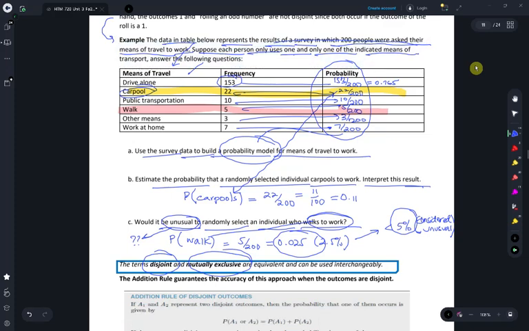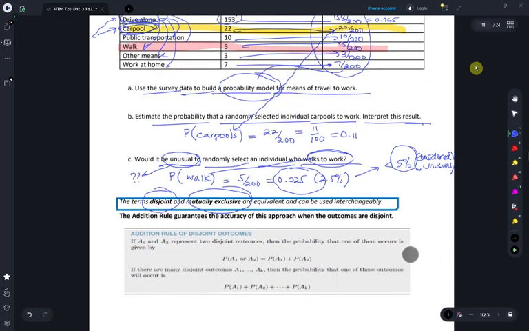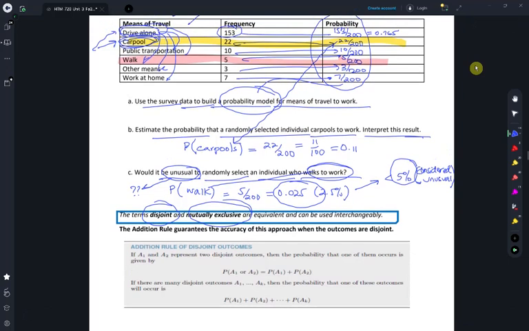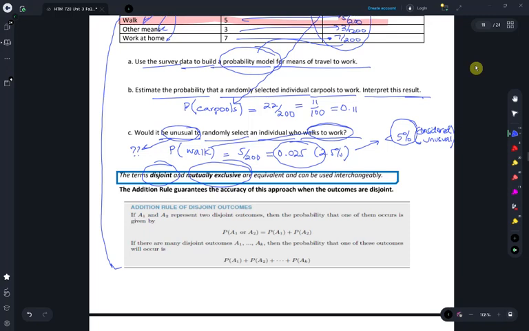That means that once a person decides to carpool, they can no longer drive alone. The events drive alone and carpool, or any other of these possible outcomes, are considered mutually exclusive events. So, how do we compute probabilities for mutually exclusive events? We use what is called the addition rule.